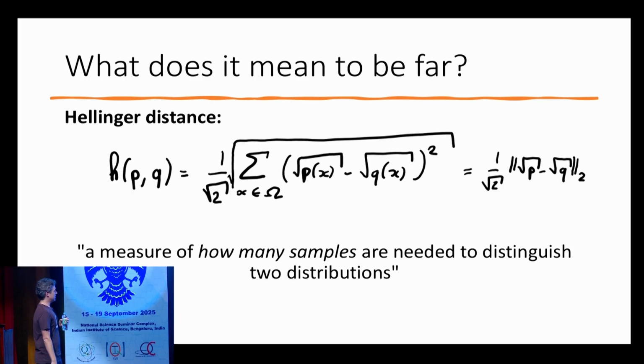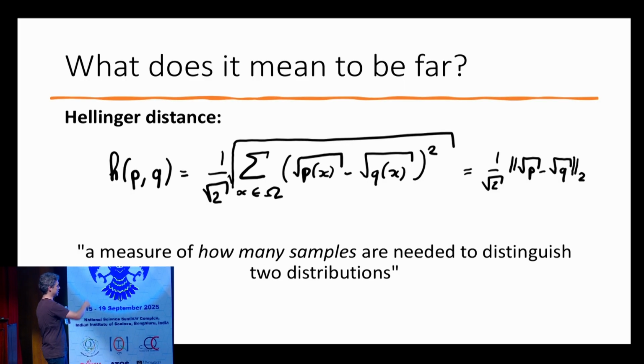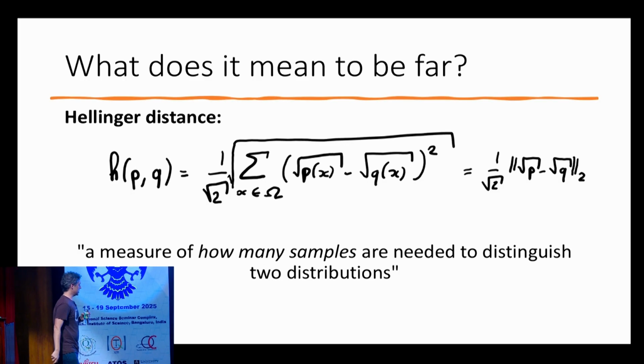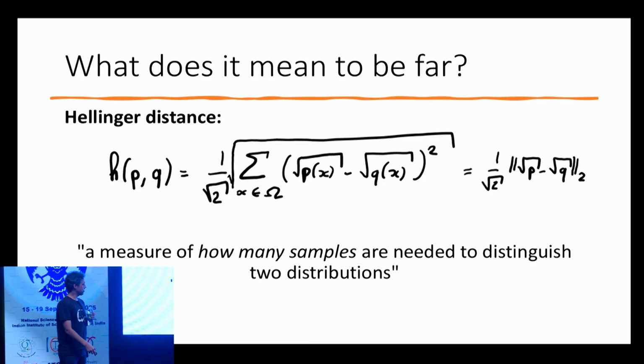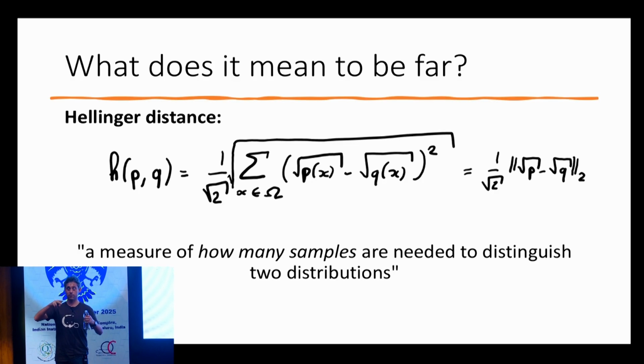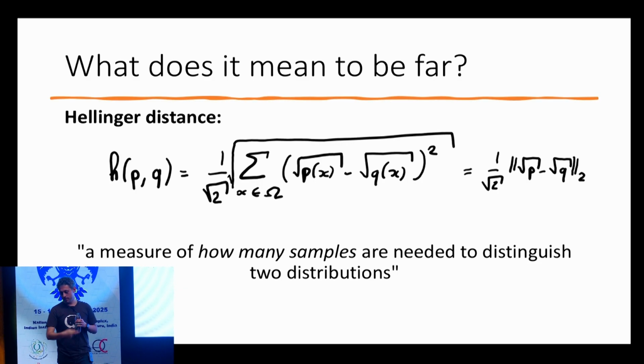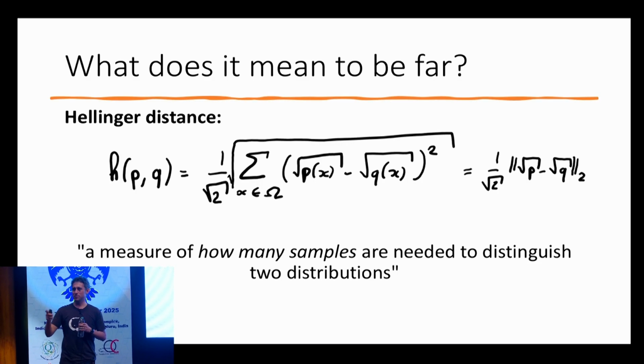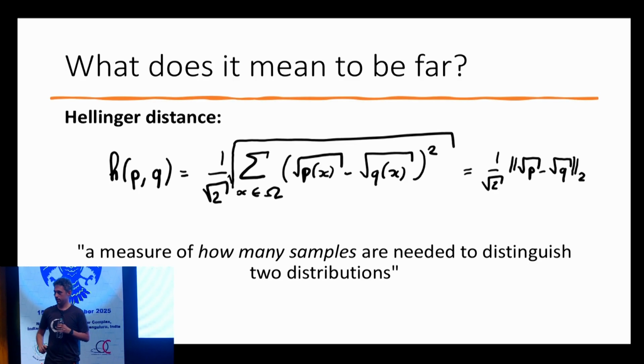So the Hellinger distance between those two distributions has some weird normalizing factor you don't really have to care about. And then you sum over all possible elements of the domain, and you take the square root of the difference of the square root of the density squared. Or more succinctly, it's basically the L2 distance between the square root of the PMFs.